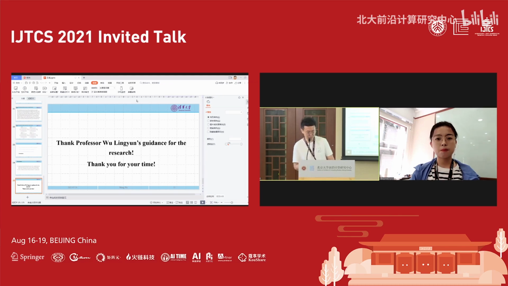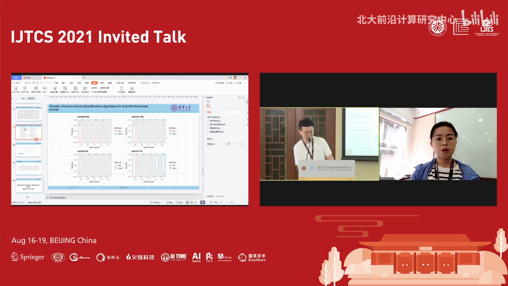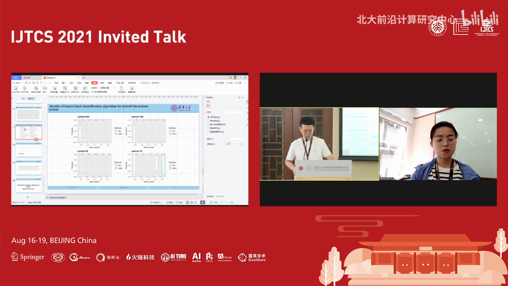As for the simulation results in this research, in the case with weak power, we choose attack nodes occupying 0.3 of the whole system. As for the case with strong power, the attack power occupies 0.7 in the research.